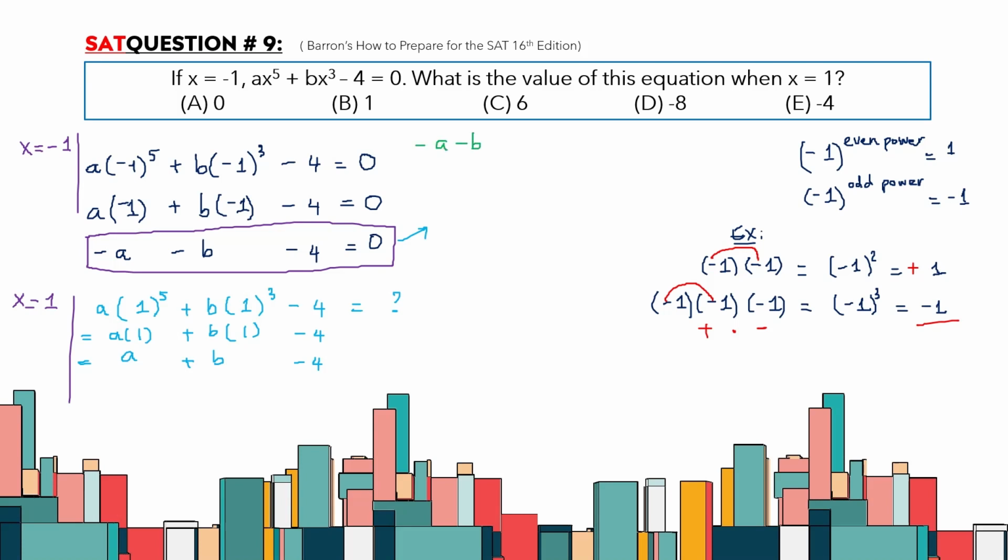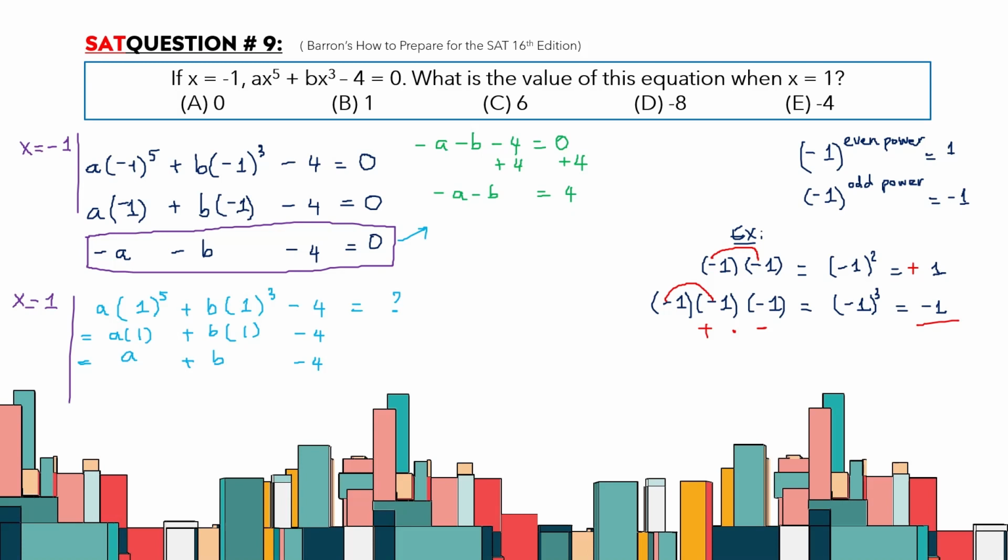minus a minus b minus 4 equals 0, if we add both sides by 4, we have negative a minus b equal 4.